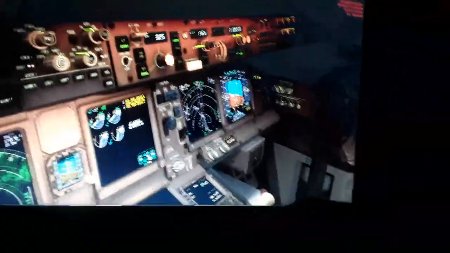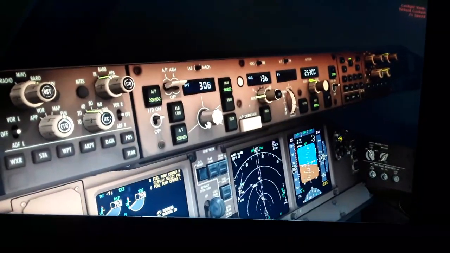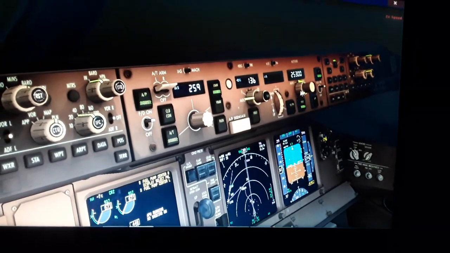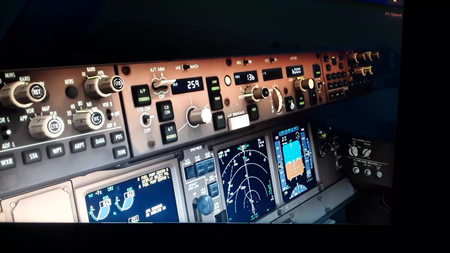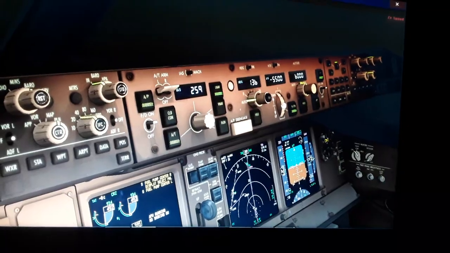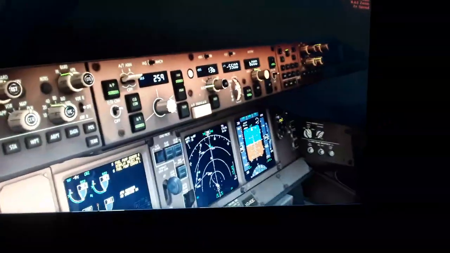So we're going to have flight level change, the speed, also the altitude. So this is going to be the autopilot command.